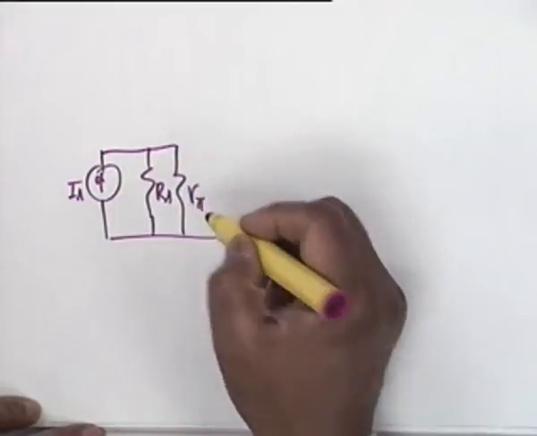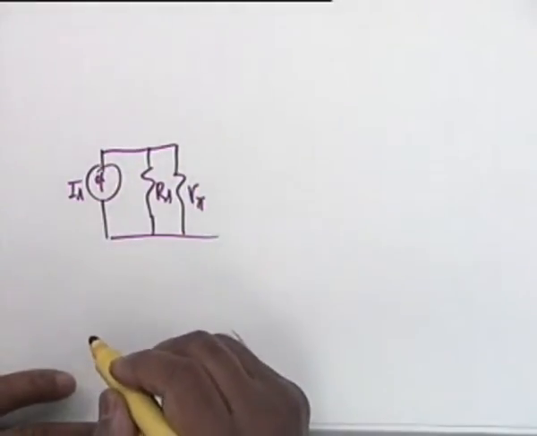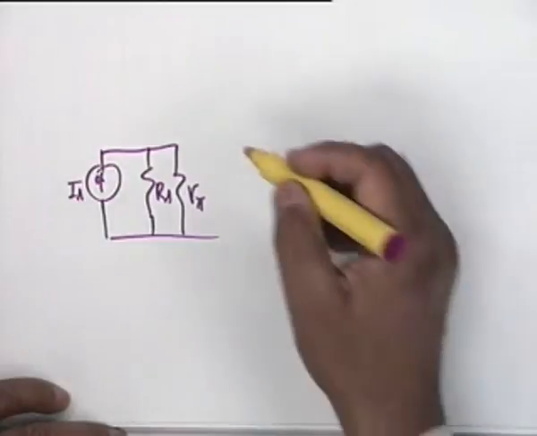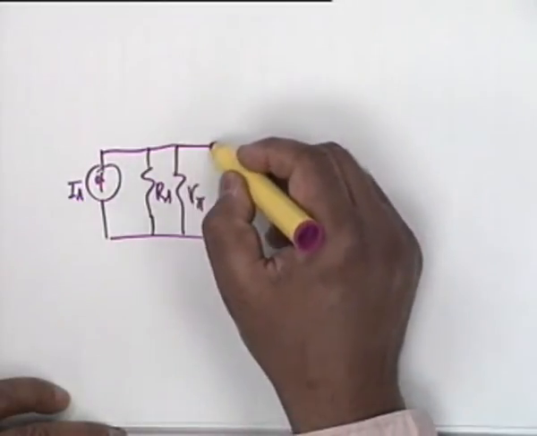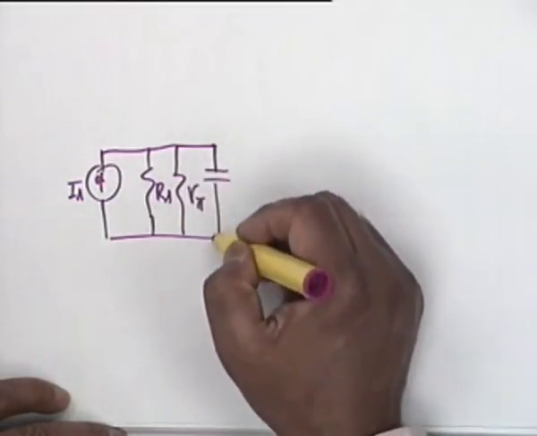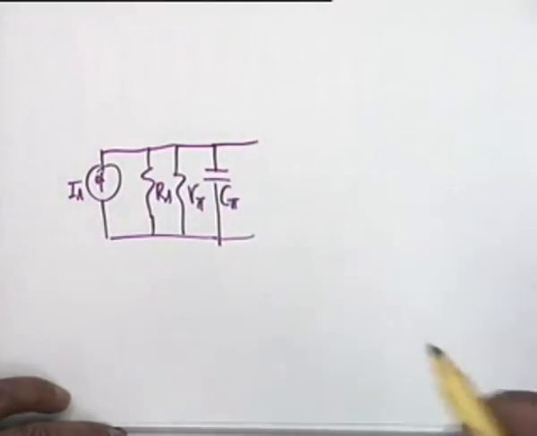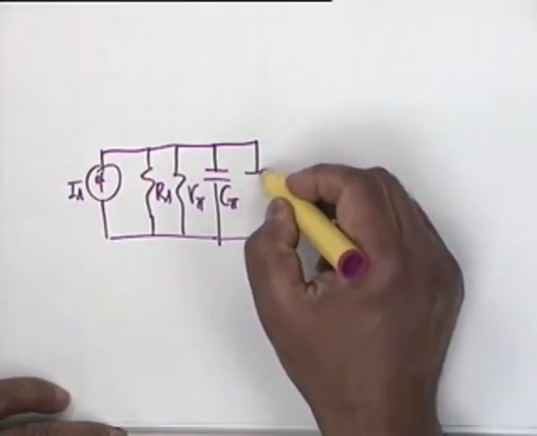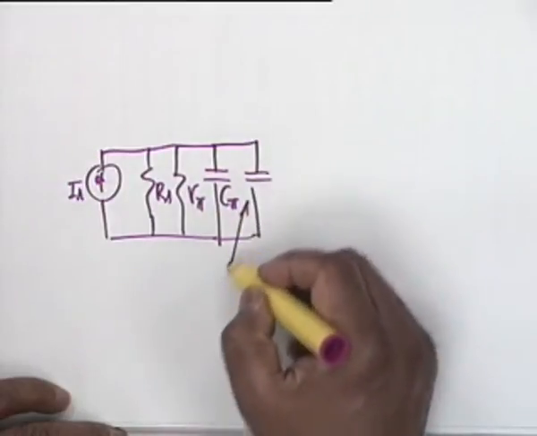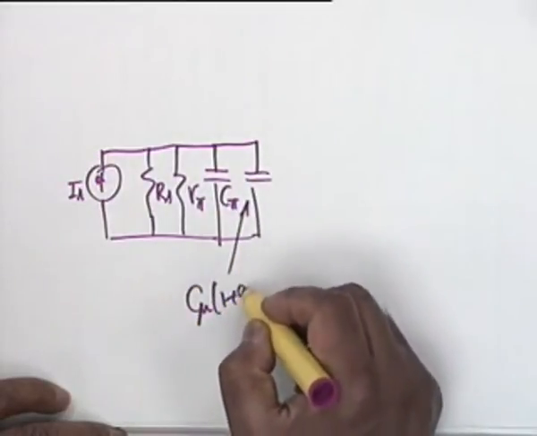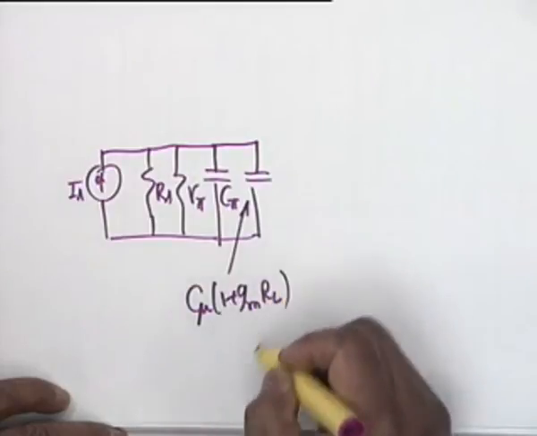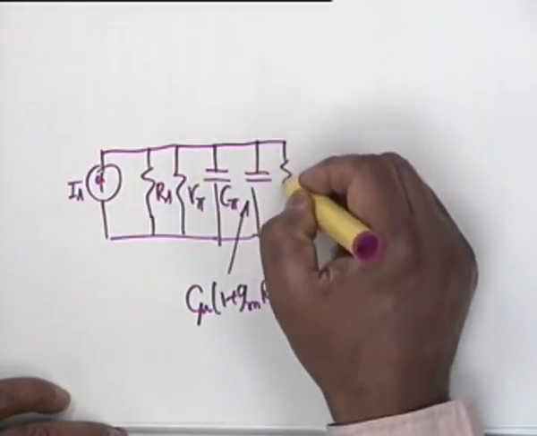R pi. You will understand why I am expanding this, because I want to calculate the time constants. RS, R pi, and then we had a C pi. The Miller Y mu times (1 plus GMRL) gives me a capacitance which is C mu times (1 plus GMRL), and a resistance.